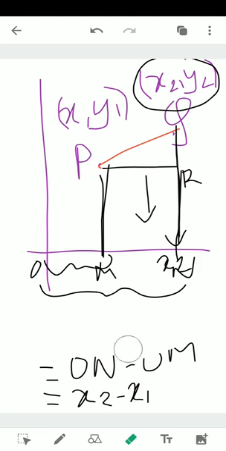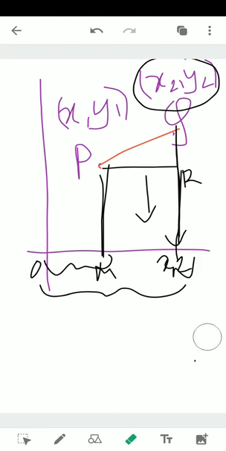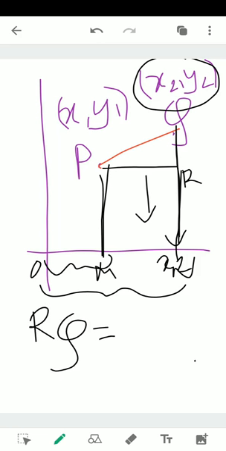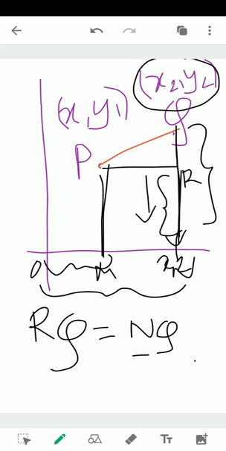Now let us try to find RQ. So what will be RQ? If you see the diagram properly, RQ will be nothing but NQ minus NR.